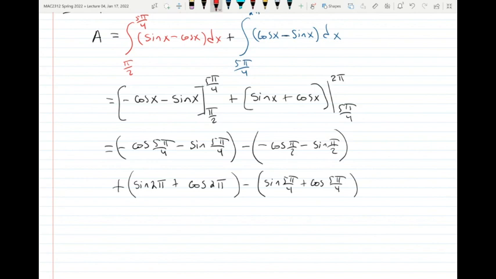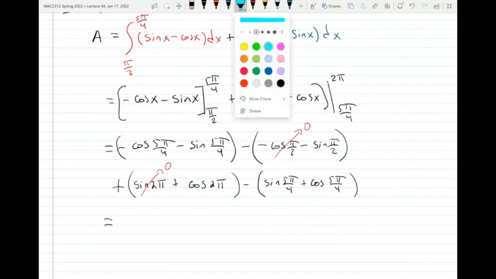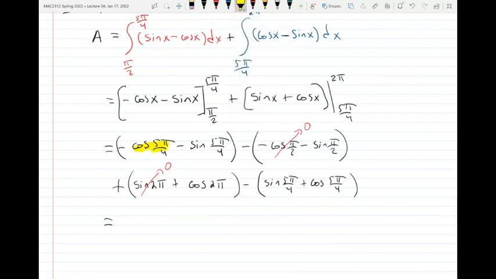Okay, so let's get the zeros out of the way. In the second parenthesis, cosine of pi over 2 is 0, so that one is gone. And in the third parenthesis, sine of 2 pi is 0, so that's gone. Now notice that in the first parenthesis, this guy is going to combine with this one. They are exactly the same number and they are both negative. So what's cosine of 5 pi over 4? We're in quadrant 3.